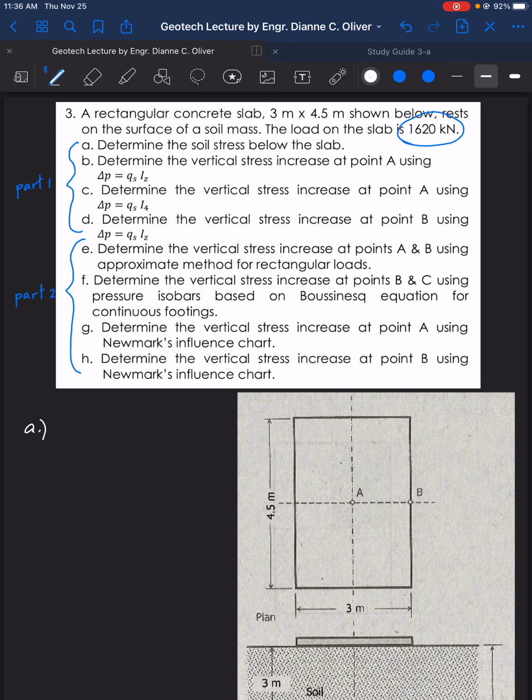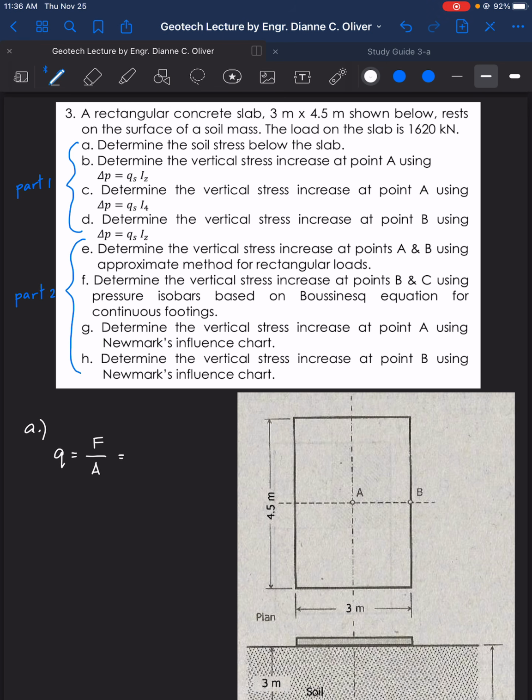So how do you get kilopascal? What we're looking for here is the stress of the soil, small q, and that is the force over the area.